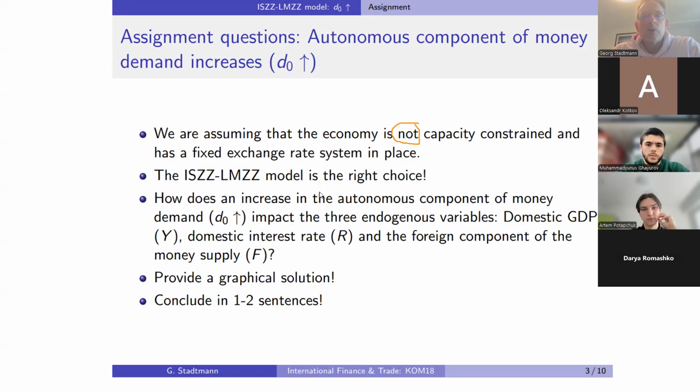So this is the right choice. We want to find out how the shock affects domestic GDP, the domestic interest rate, and the foreign component of money supply. So how does this exogenous shock affect the three endogenous variables? And you should provide a graphical solution.